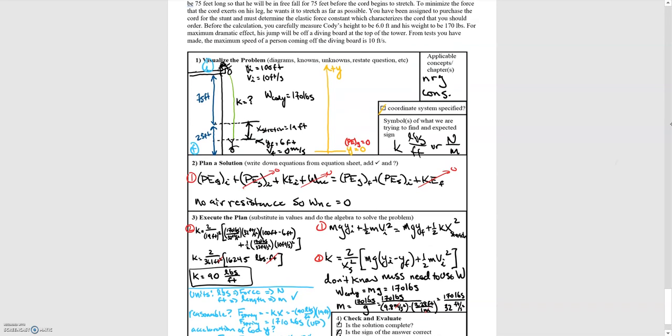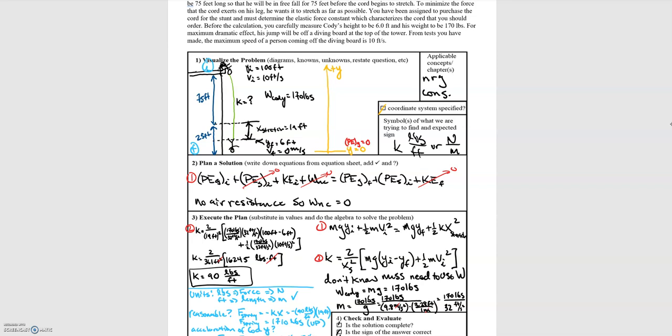So what we have is a bungee jumper. We've got a person up on a diving board. They jump up off of it, and they're bungee jumping down to the ground.